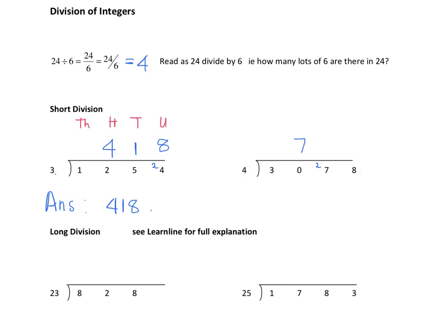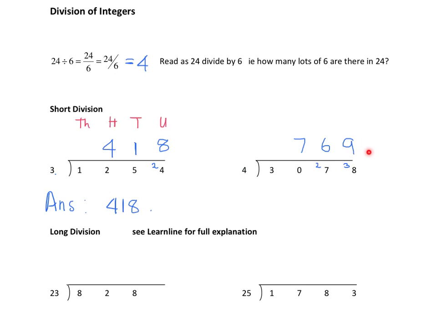Then we read, how many 4s are there in 27? Well, that's going to be 6, because 6 times 4 is 24, there's going to be 3 left over. How many 4s are there in 38? Well, using your times table, there are 9. 9 4s are 36.